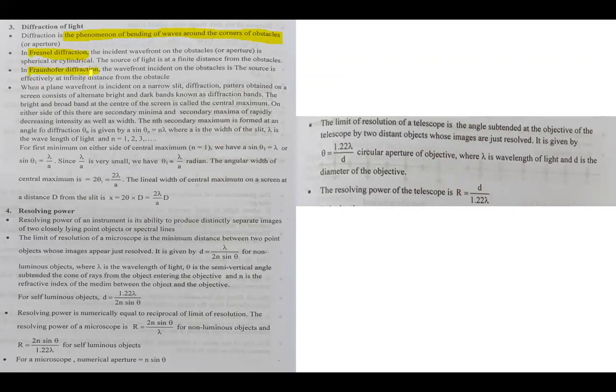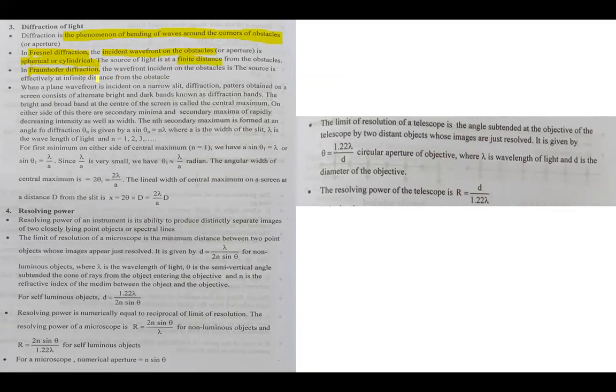In Fresnel diffraction, the incident wave on the obstacle is cylindrical or spherical. The source is at finite distance from the obstacle.